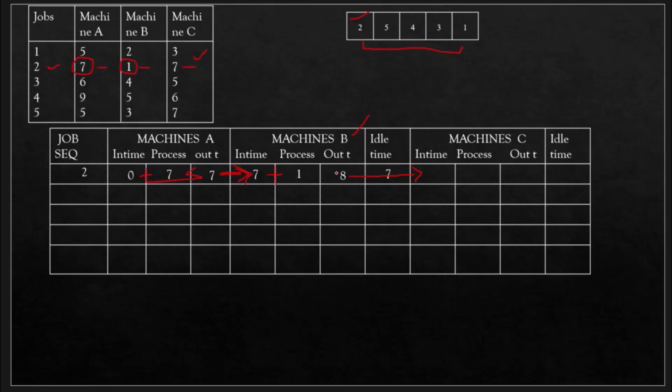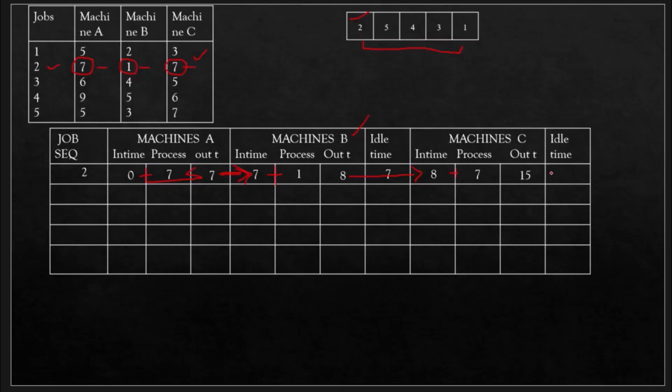If one machine's process is completed, then we can give the input for another machine. So at the 8th hour we give the input, and the machine C processing time is 7 hours, so I'll make the process 7 hours. If we add 8 plus 7, we get 15 hours.